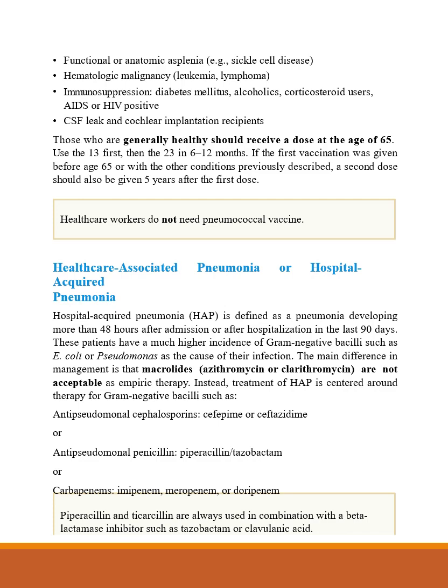Instead, treatment of HAP is centered around therapy for gram-negative bacilli, such as anti-pseudomonal cephalosporins, cefepime or ceftazidime, or anti-pseudomonal penicillins like piperacillin-tazobactam, or carbapenems like imipenem, meropenem, or doripenem.